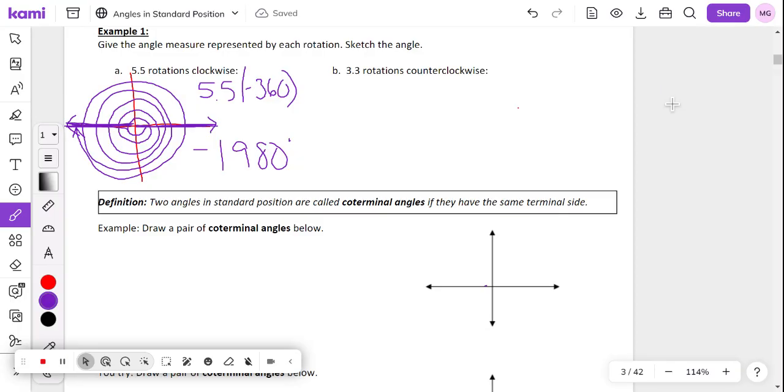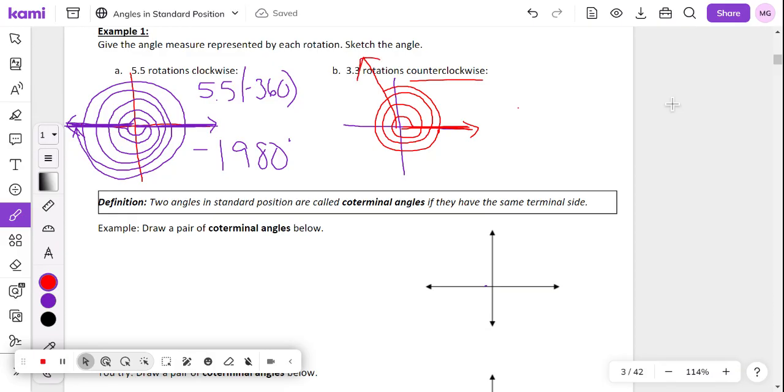For the second one, I'm asking you for 3.3 rotations, and I'm asking you to go counterclockwise. Again, initial side, always over here. So 3.3 rotations counterclockwise. We're going 1, 2, 3, and I want you to think 0.3, it's a little bit more than a quarter of the way around, but not quite half, so it would be somewhere around here.